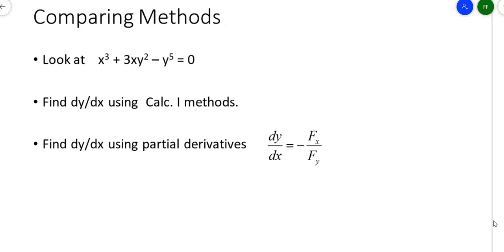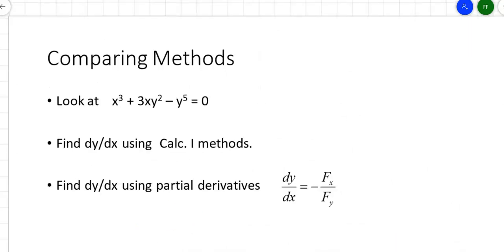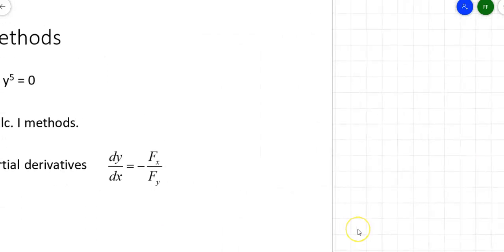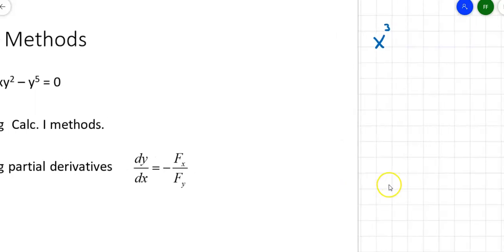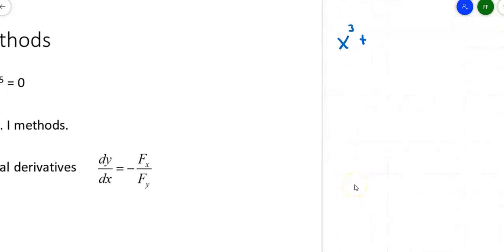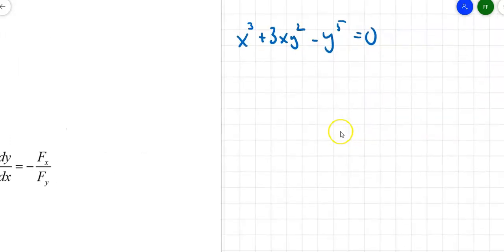Can you do this using methods you already know? Sure. Remember how to do this in Calc 1 terms. So what's my function? It's x to the third plus 3xy squared minus y to the fifth equals 0. So we did what?